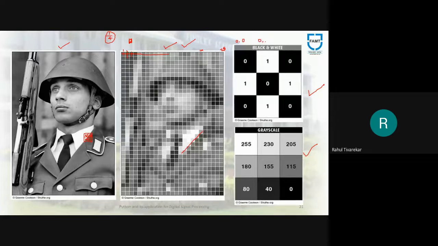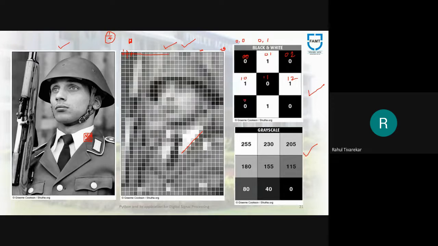I will write the coordinates here. This is 0, 0. This is 0 comma 1. This is 0 comma 2. The coordinate of this pixel is 1 comma 0. This pixel is 1 comma 1. This is 1 comma 2.